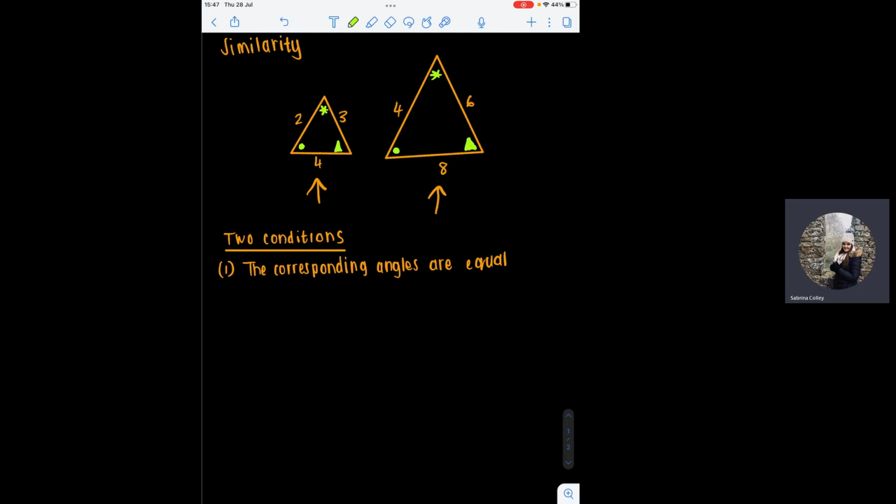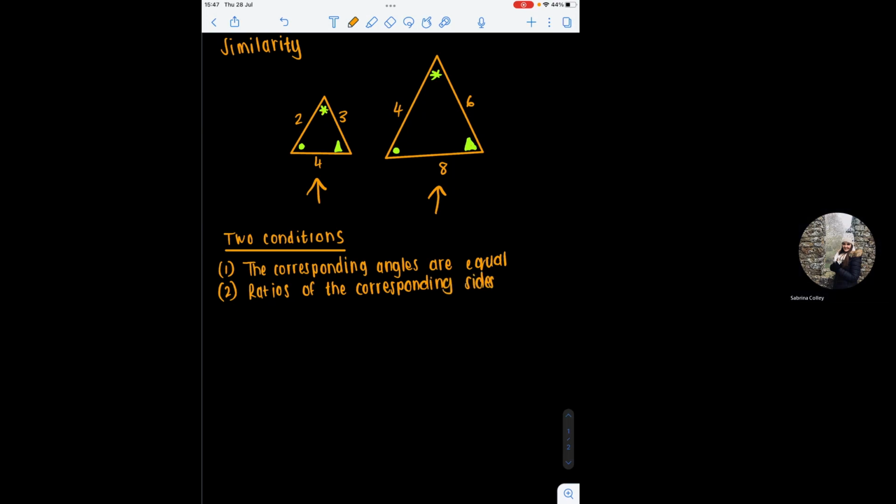Then the second condition, the second thing that needs to be true for two shapes to be similar, is that the ratios of the corresponding sides must be in the same proportion.